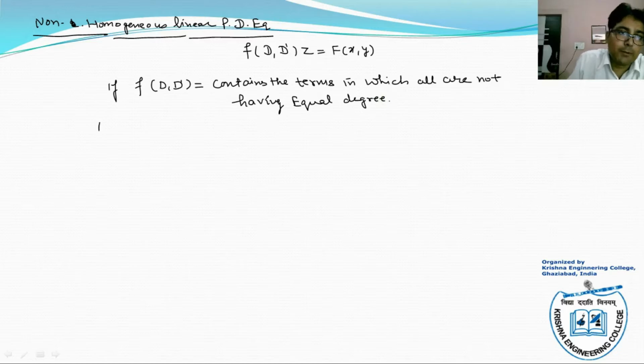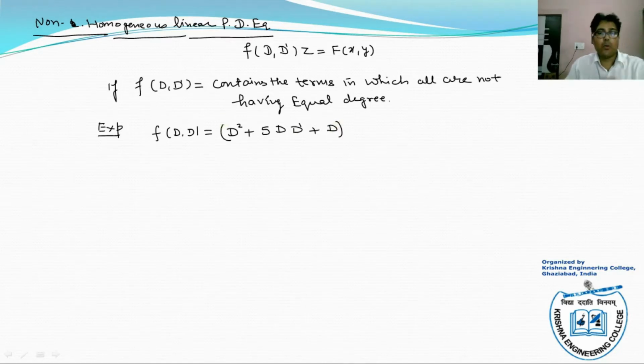For example, f(D, D') = D² + 5DD' + D. Clear?